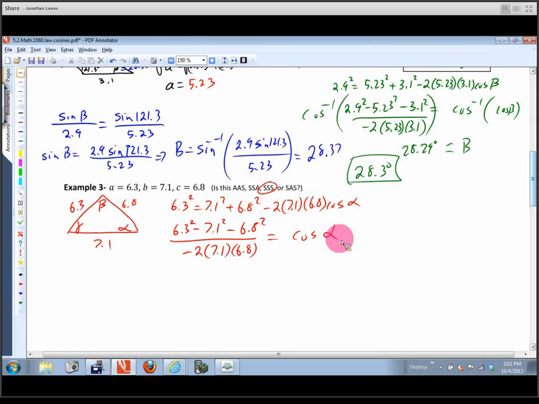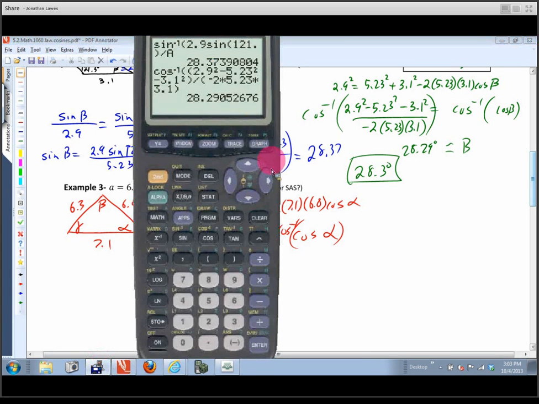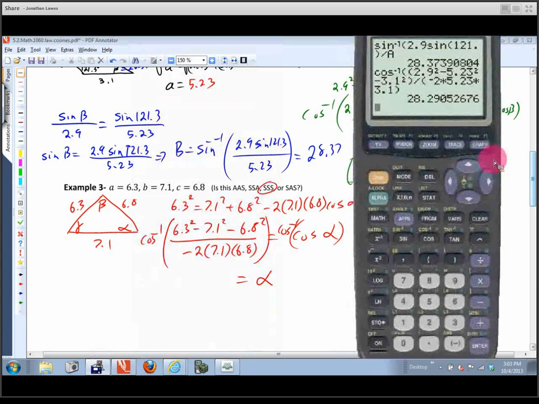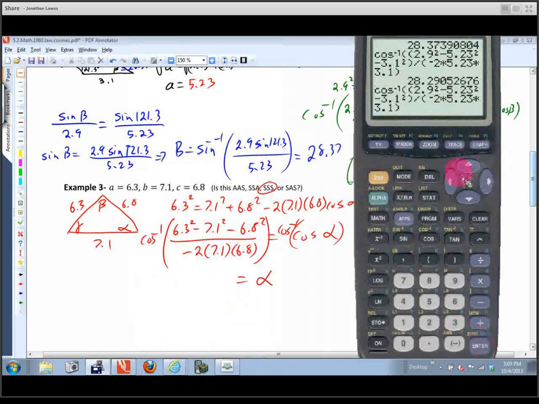Well, in order to get alpha by itself, I'm just going to take the cosine inverse of both sides. Cosine inverse of this side as well. So this is going to give me alpha equals, and let's see what this is. And this is one reason why this is kind of nice. A lot of the problems in this section have decimals like this. So if I already have that structure in there, I can come back here and just edit this command.